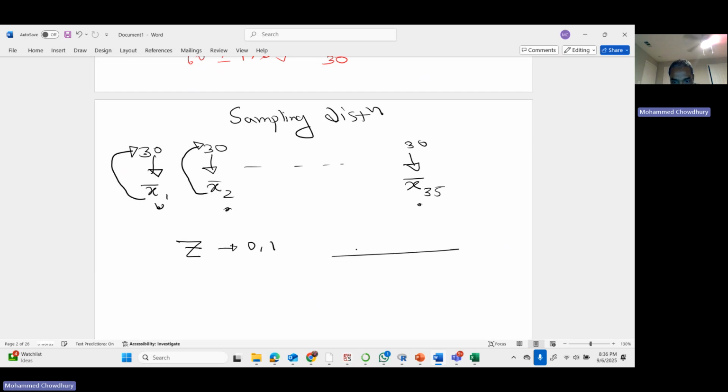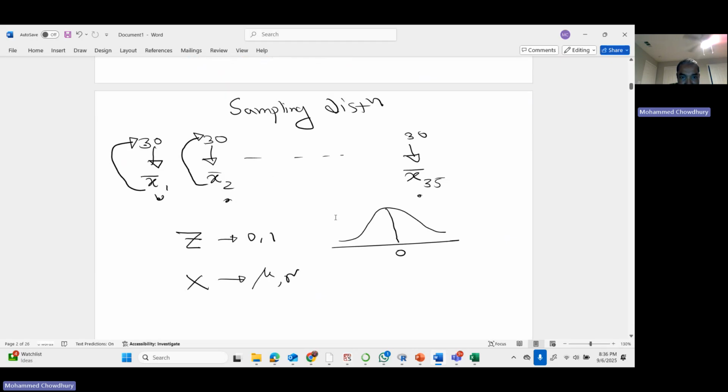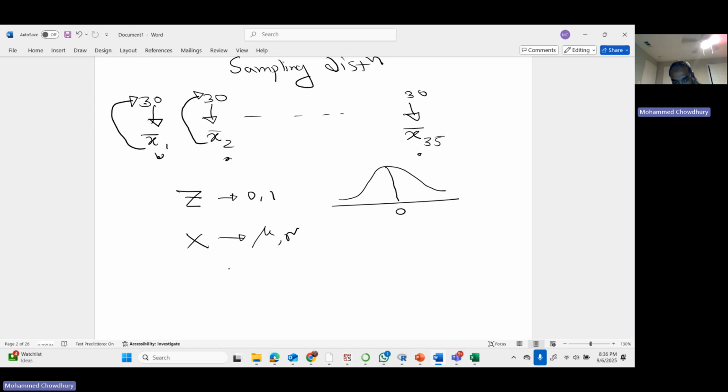It looks like this, normal. This is Z, this is 0, and it has a standard deviation 1. And there is X, which has a mean mu and standard deviation sigma. And now there is x bar, which is the mean of the x's.